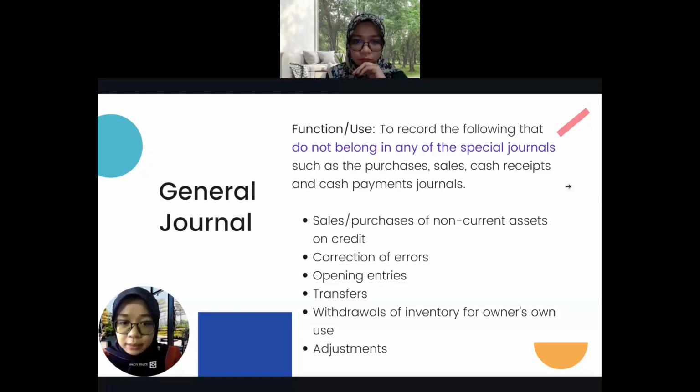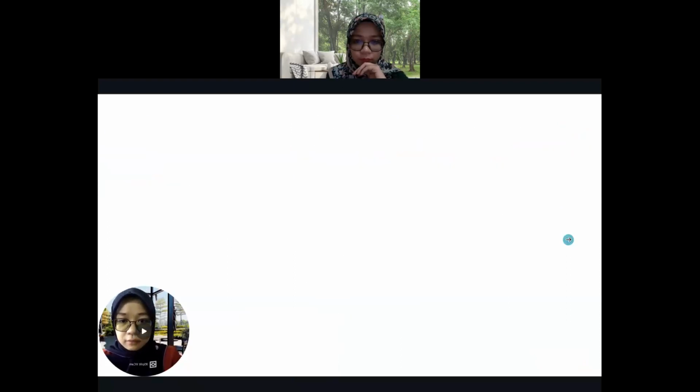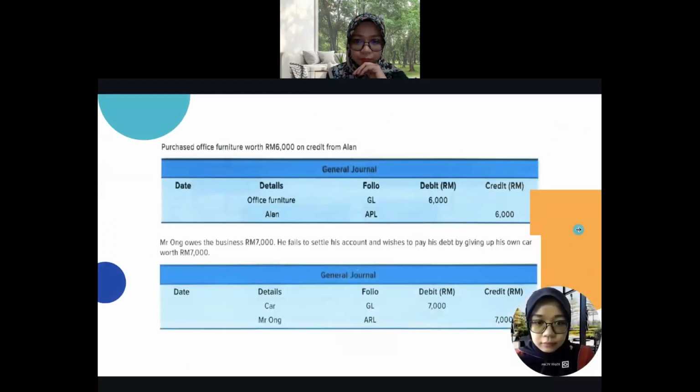So the example of the transaction are sales or purchase of non-current asset on credit, correction of error, opening entry, transfers, withdrawal of inventory for own use, or also known as drawing, and any adjustment. These are the examples of the entry of general journal.